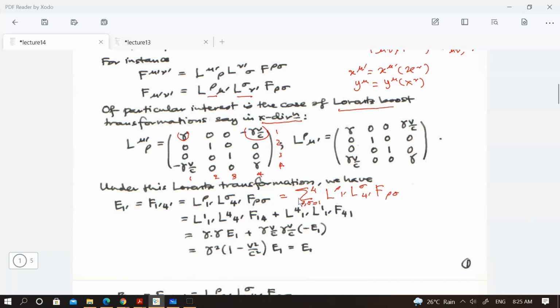So that's not going to work. But what about the case of rho equals 2, sigma equals 2? Then this will simply be, let me just write it down, L2 1 dash, L2 4 dash.